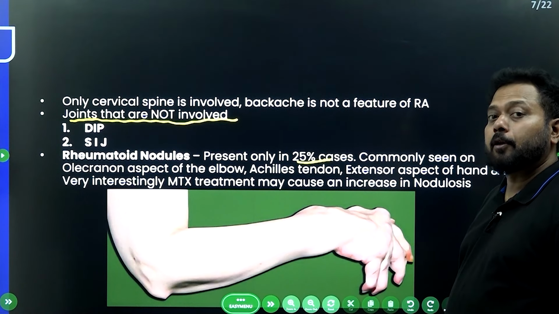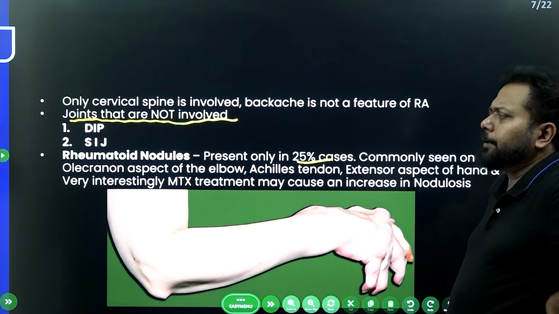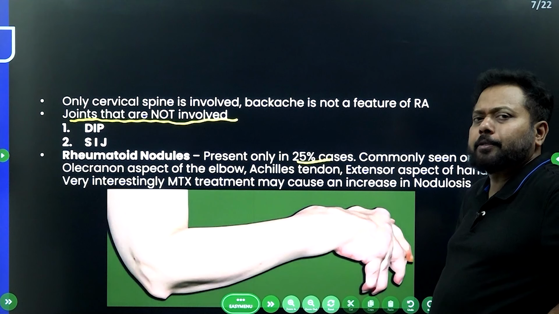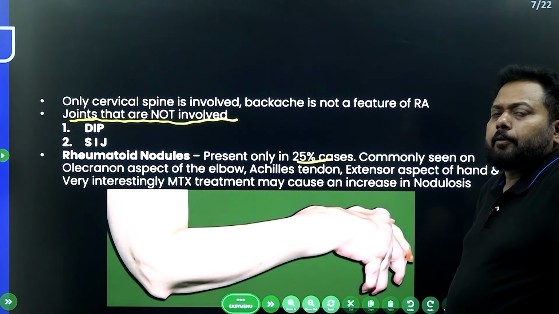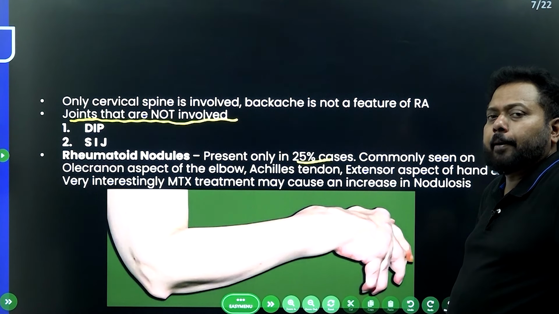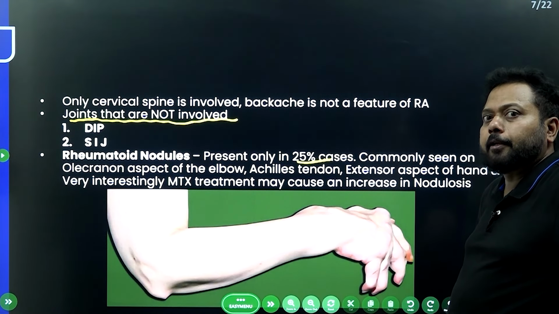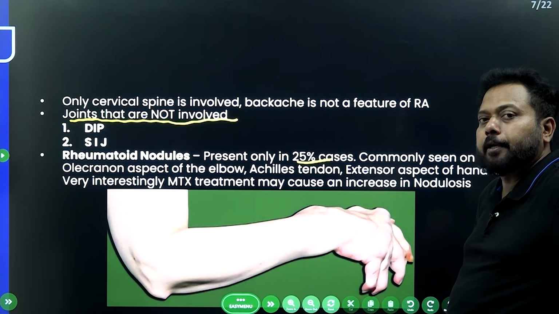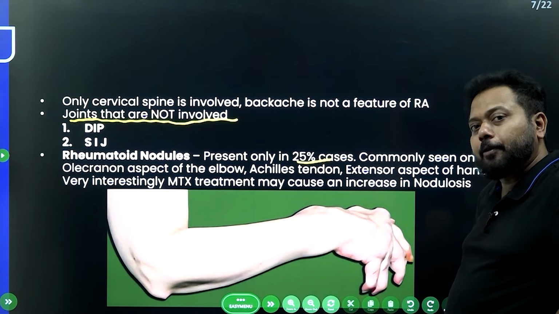Something tells my mind they may ask this as a question: the rheumatoid nodule size is increased by one of the following drugs. They'll give all the drugs used for rheumatoid arthritis: hydroxychloroquine, methotrexate, adalimumab, tocilizumab, anakinra, something like that. So the answer is methotrexate.